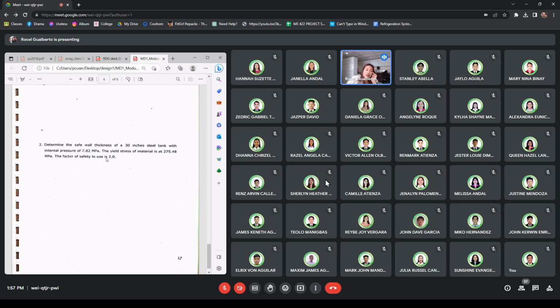Pag hindi po siya na-confirm doon, you need to recompute using the Lame's equation. Huwag lang po natin kakalimutan, you are to find here the thickness again in SI. Okay? So, you need to convert your answer po in the standard size.